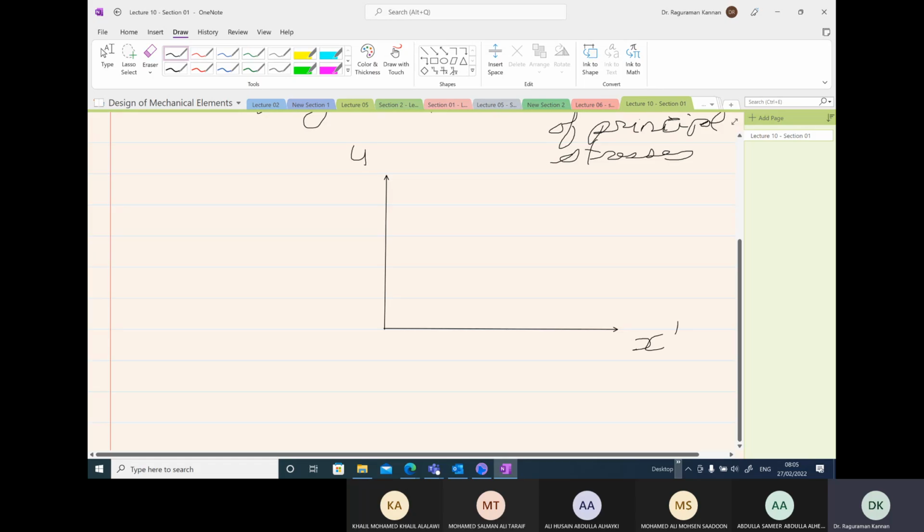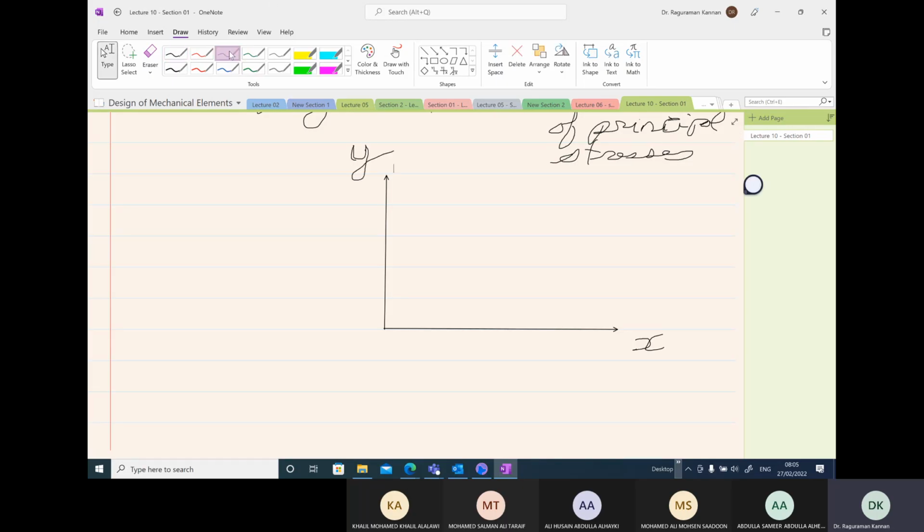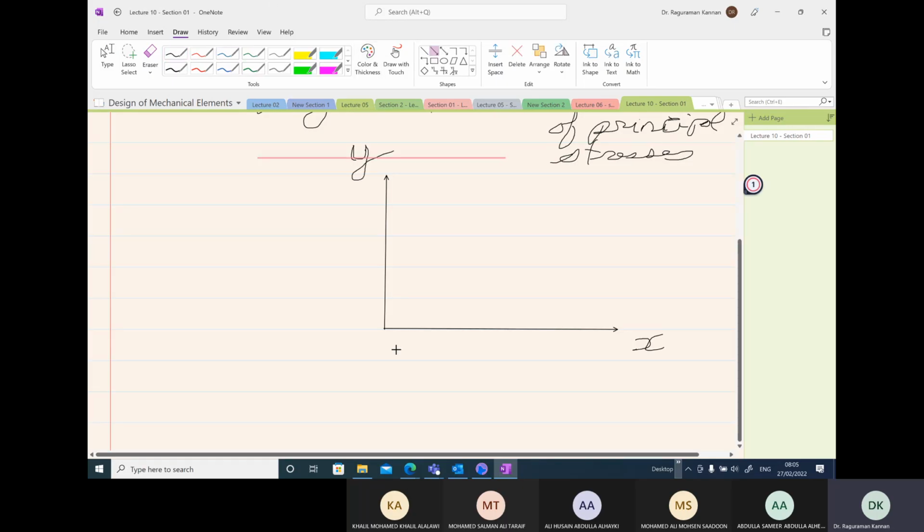Sorry, this is the original x-axis, and this the y-axis. And if we rotate it in the new direction, we have x prime and y prime axes.